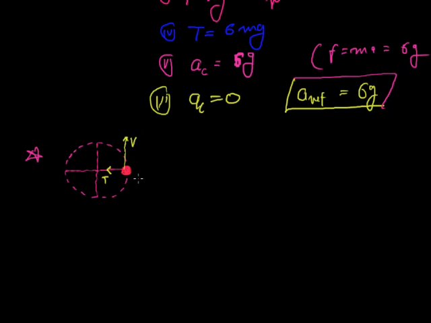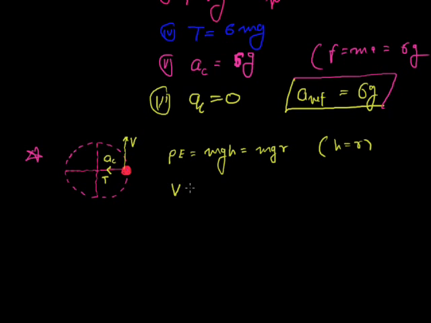Centripetal force or tension is in this direction towards the center. Acceleration is also towards the center. Here potential energy is mgh, means mgr. Here h equal to r.